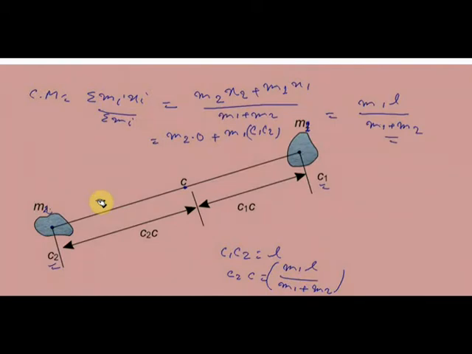Also we have seen that the center of mass of a system of particles is at such a point that the moment of all the masses with respect to that center of mass is 0. So the moment of m2 with respect to point C is m2 into C2C, and the moment of m1 with respect to point C is m1 into C1C.